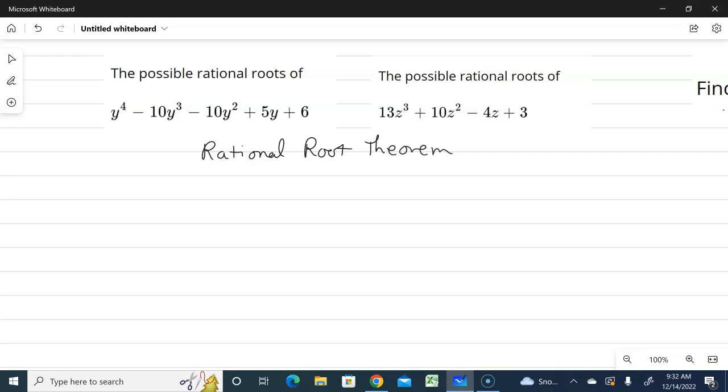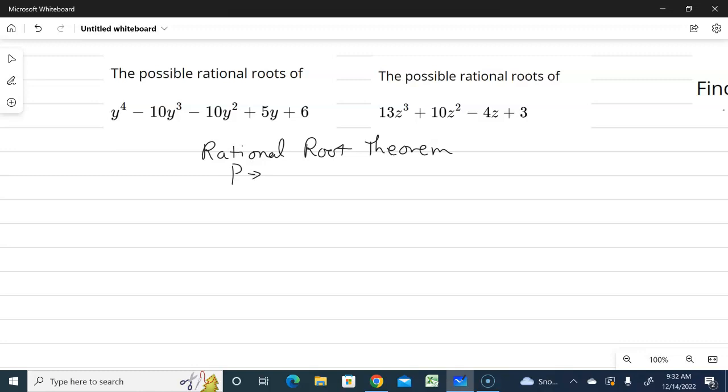The rational root theorem gives us the ability to come up with a shortened list of every possible number in the world that could work. Because right now, if I don't know any possible solutions, I simply have every number in the world to choose from. The rational root theorem allows us to narrow that list down. There's two components to the rational root theorem.